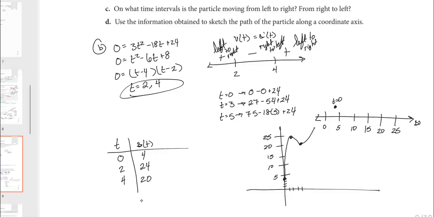And then at time equals 2, we're at 24 units. And then we're going to back off to 20 units at time equals 4. So we're kind of moving this way. We're stopped, then we move in this direction, and then we end up going back and then moving that way.